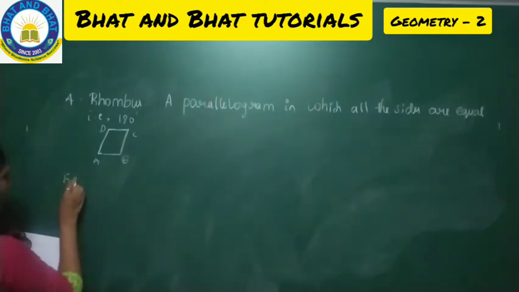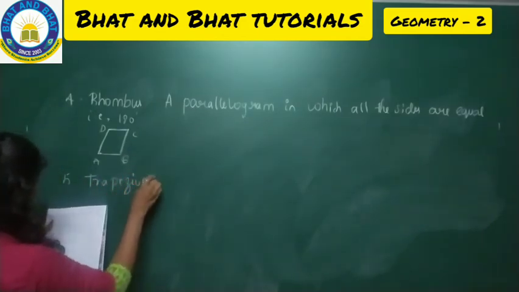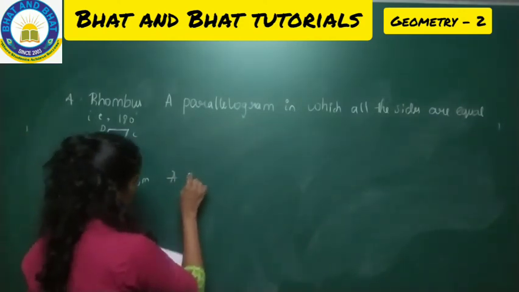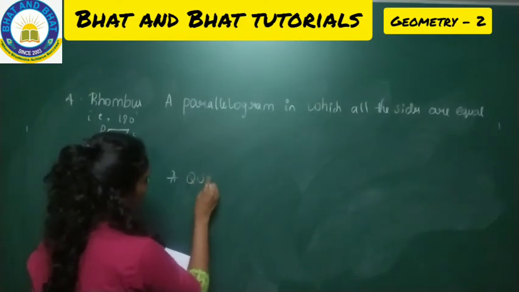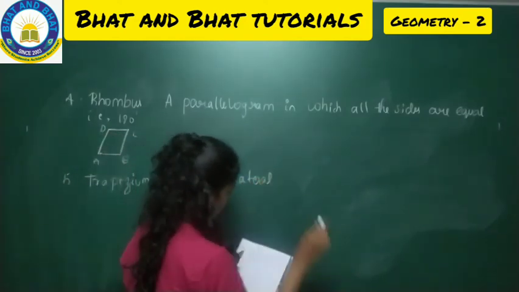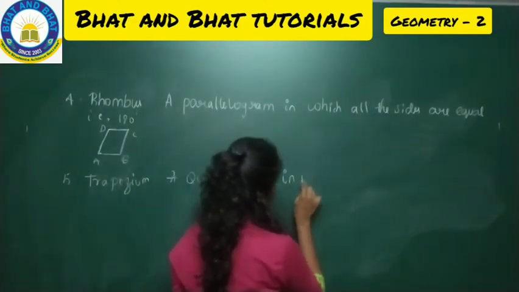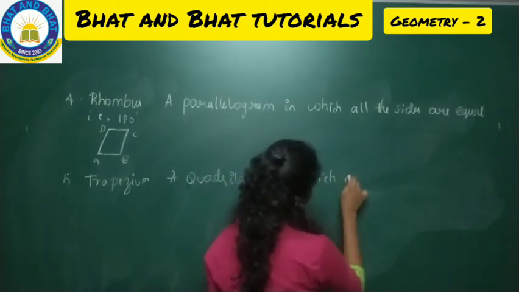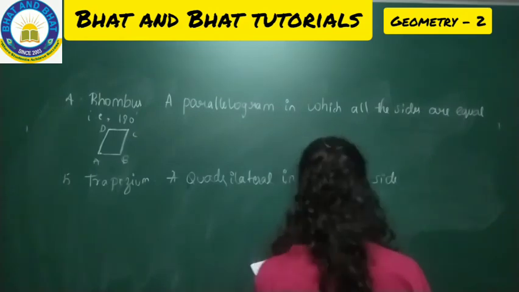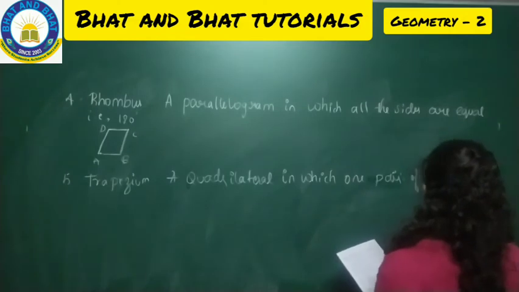And the next type that we have is trapezium. So what is trapezium? Trapezium is nothing but a quadrilateral in which one pair of opposite sides are parallel.